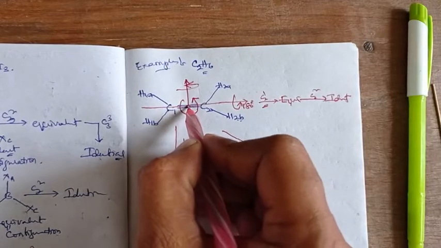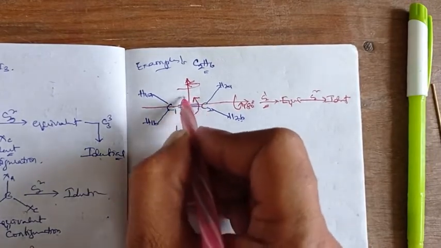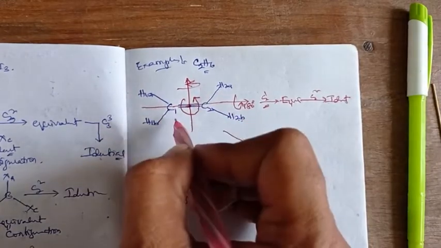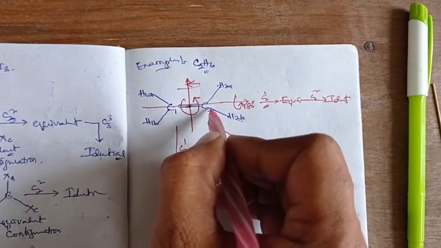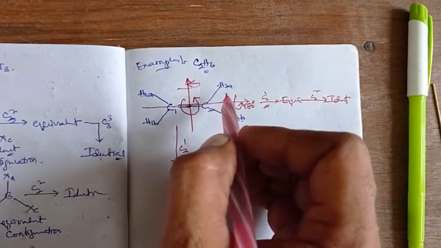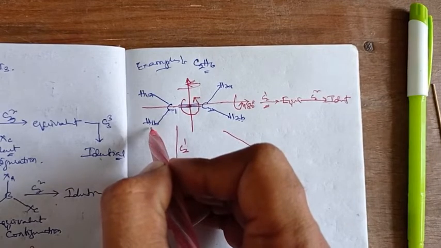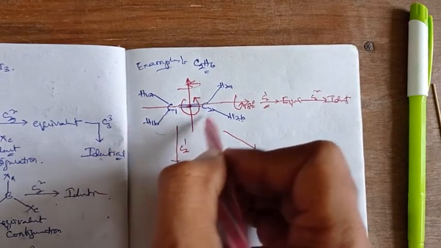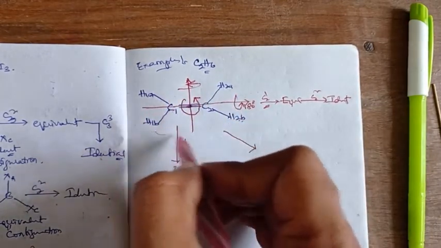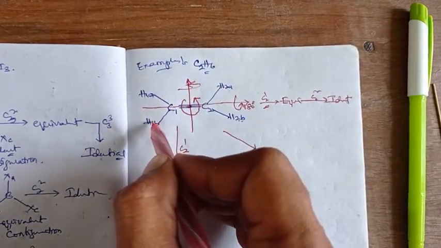It passes only through the center of gravity point, and with that the similar carbons get replaced: C1 gets replaced by C2, and C2 by C1. Similarly, the position of H2A is replaced by H1B, and H1B by H2A. When this corner reaches here, it completes the 180 degrees.